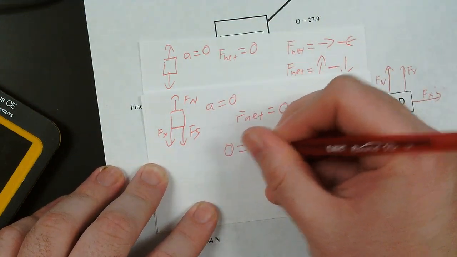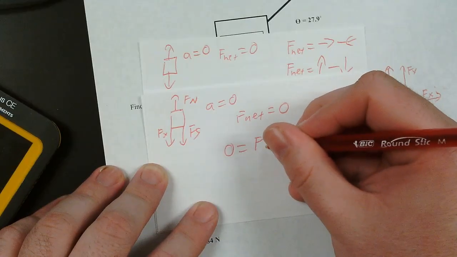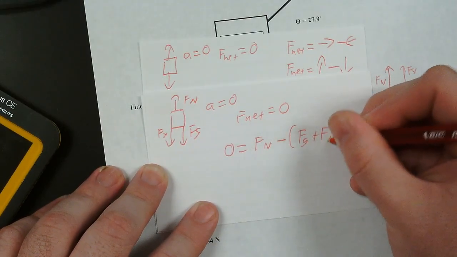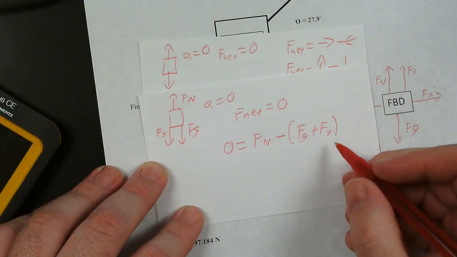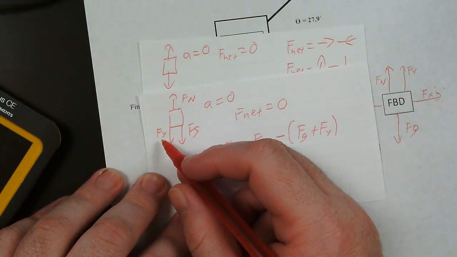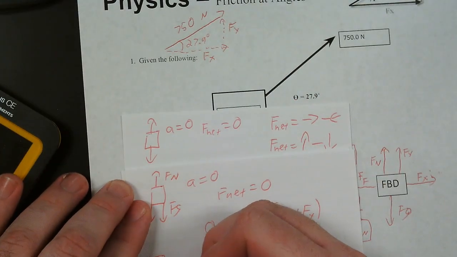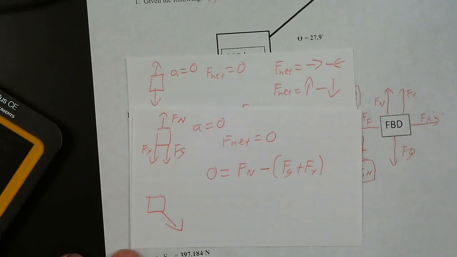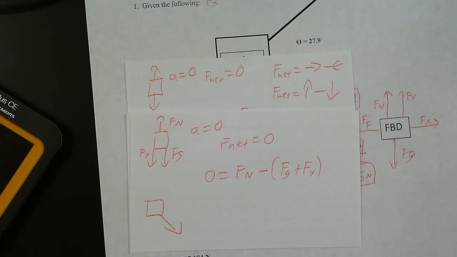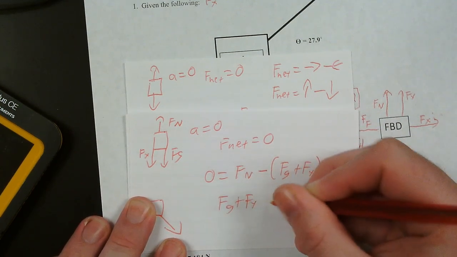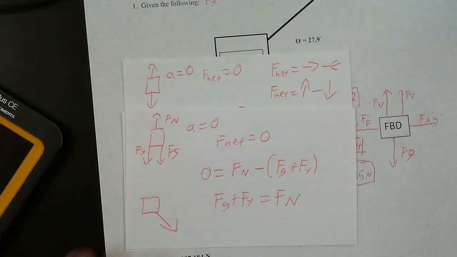I end up with 0 equals Fn minus Fg plus Fy. Why is Fy over here now? Because it's pointing downwards. If I was pushing down on the object, if instead of being up at an angle like this, if I was instead pushing down at an angle like that, then my Fy ends up pointing down instead, and it gets added onto Fg. I end up with Fg plus Fy equals Fn.